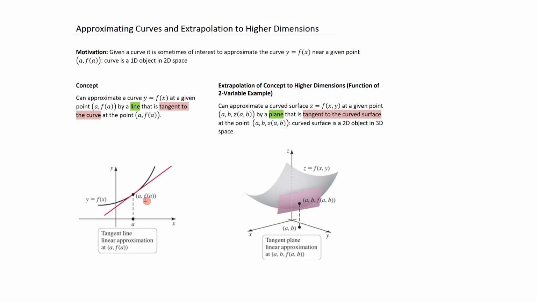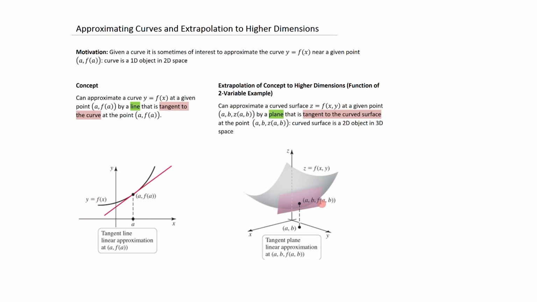Now we can expand this notion of a tangent to a curve to higher dimensions, where, for example in a two-variable system, we're dealing with a surface. In this case we can approximate a curved surface, say z equals f of x and y, which is this gray object, at a given point on the surface, at this location (a, b), with the z component evaluated at (a, b), by a plane that is tangent to the curved surface.